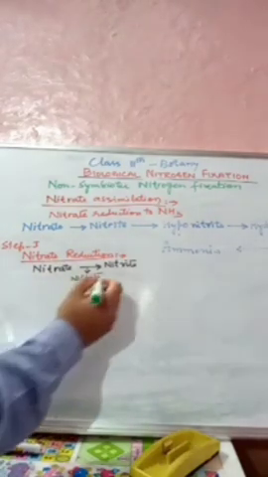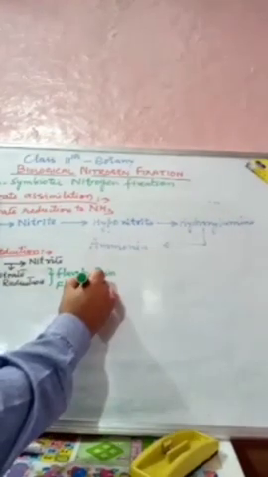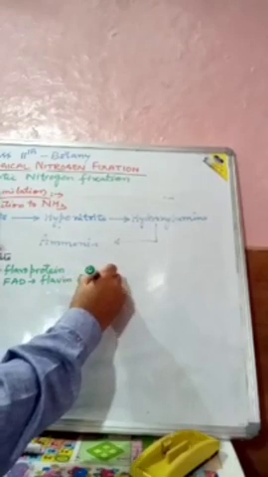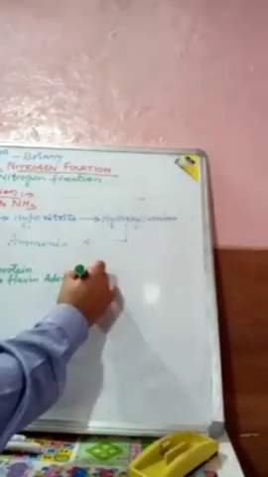Now, if we look at the structure of this nitrate reductase, this enzyme is simply a flavoprotein, and it contains FAD. What does that stand for? Flavin adenine dinucleotide.